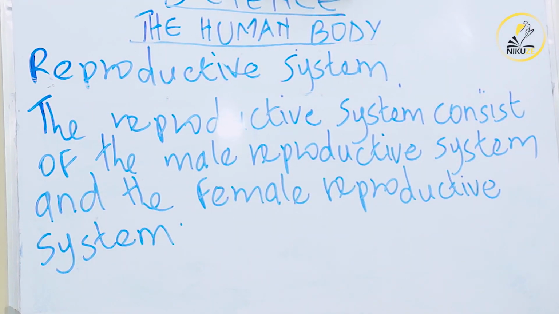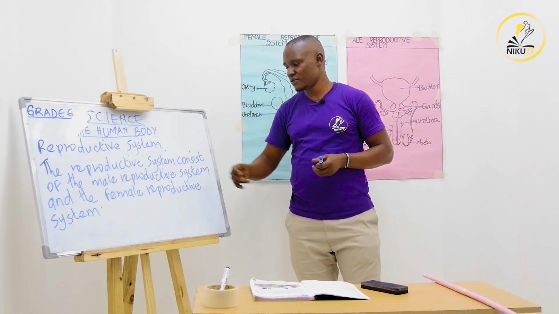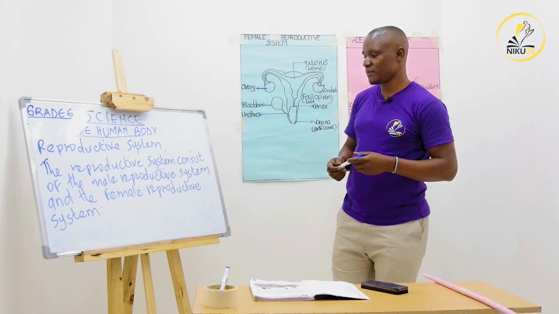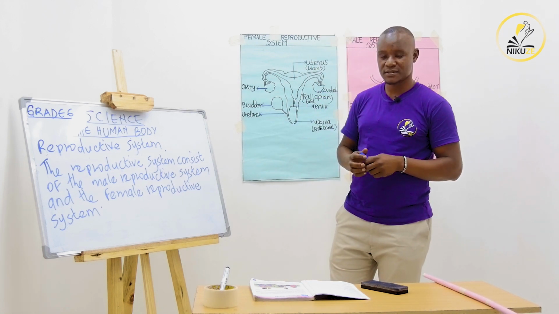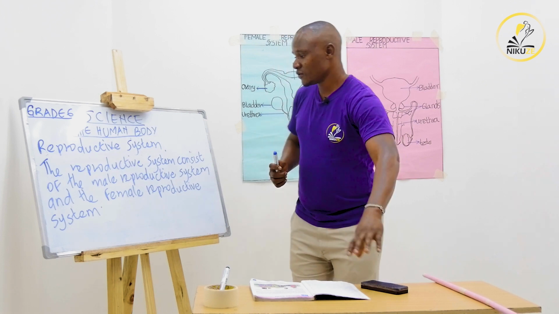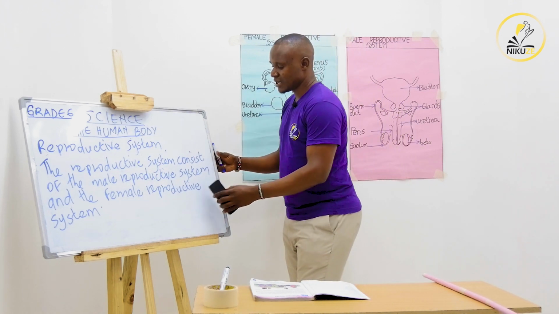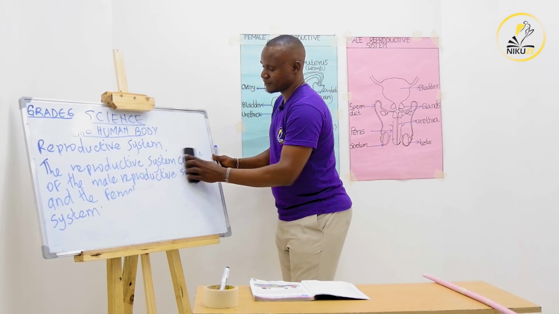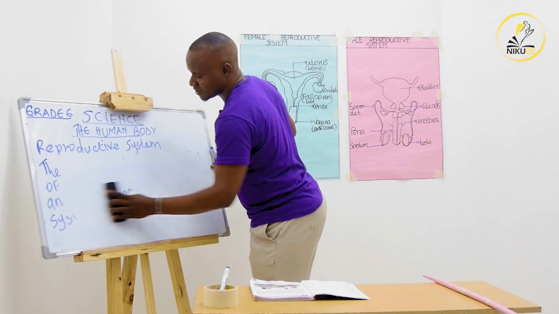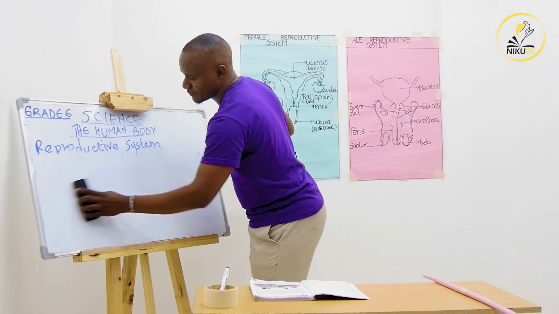So the reproductive system consists of the male reproductive system and the female reproductive system. We are going to have a look at the male reproductive system and see the parts which are involved in it.